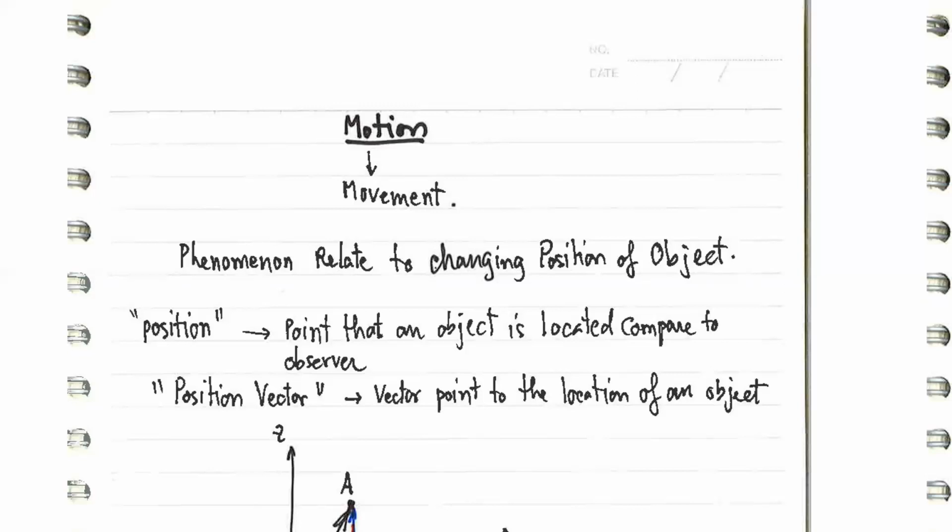So basically, it's called motion or movement. The motion is the phenomenon that relates to changing position of the object. So it is the story of when and where the object is at some time.